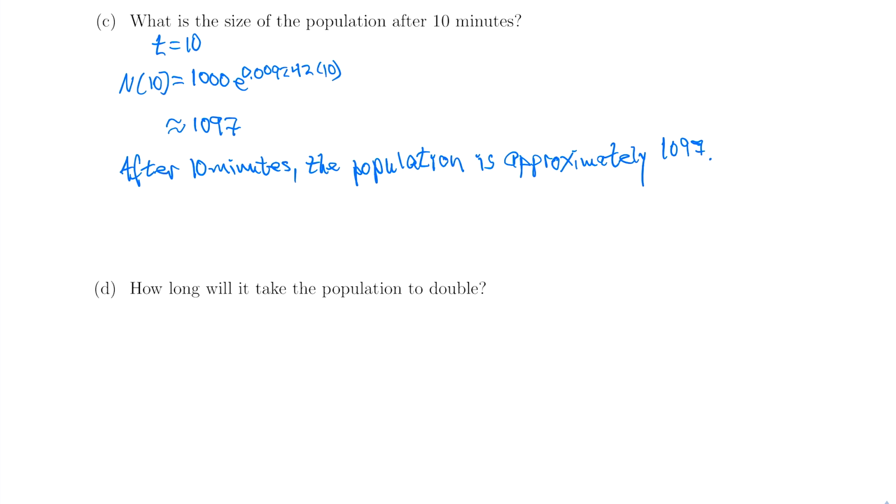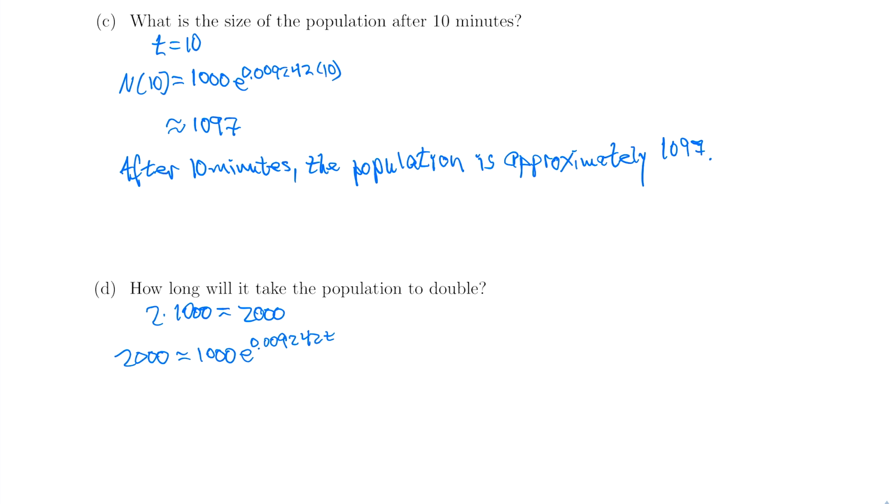So 2 times 1000 is 2000. We want to know at which time the population will have grown to 2000 bacteria, so doubled.